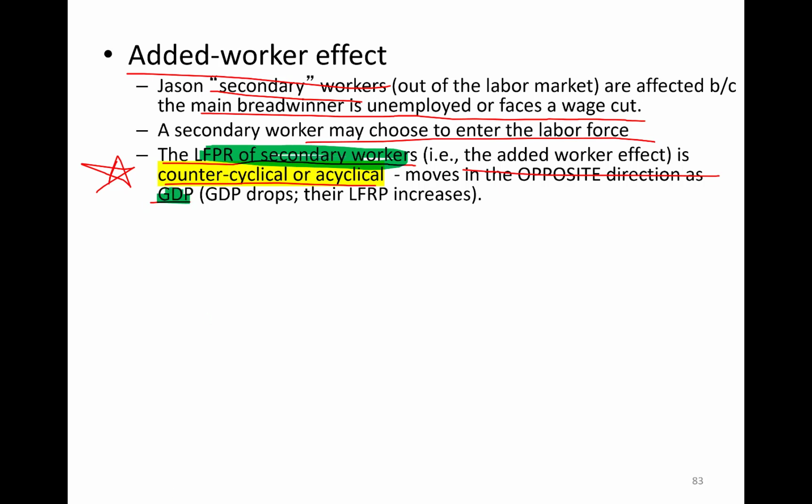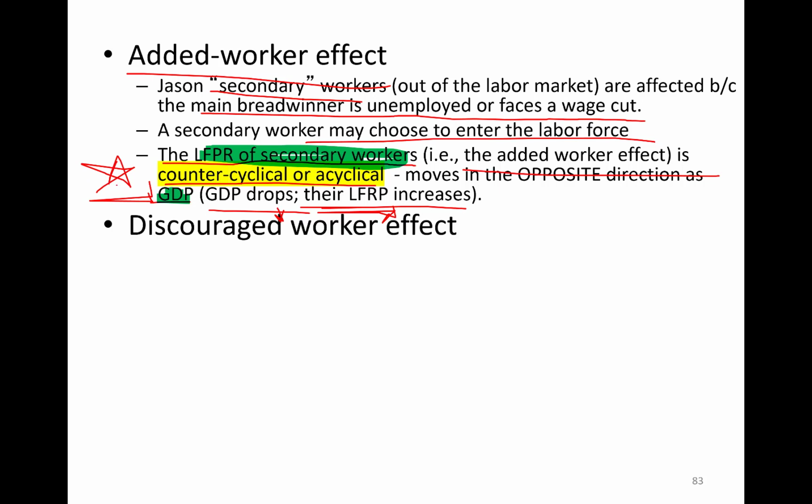So when GDP drops, the participation rate of these workers goes up. They are going in opposite directions. We call them counter-cyclical. Cyclical refers to the business cycle.